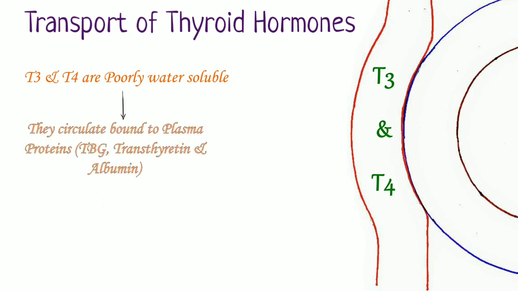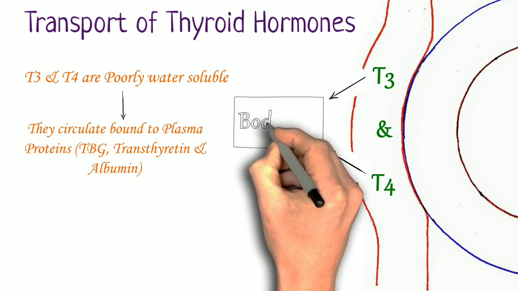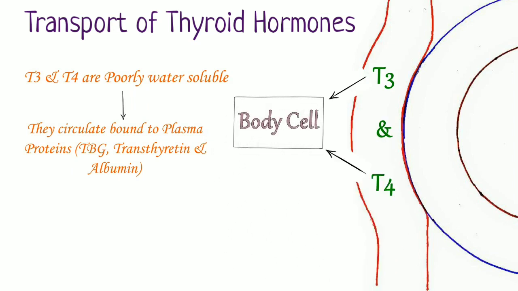From the thyroxine binding proteins, T4 and T3 enter the body cells, where they exert their metabolic actions, which are predominantly calorigenic. The metabolic actions and biochemical mechanism of action of thyroid hormones will be discussed in subsequent videos.